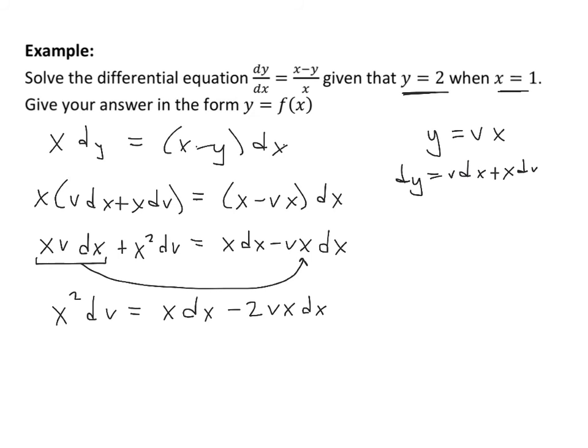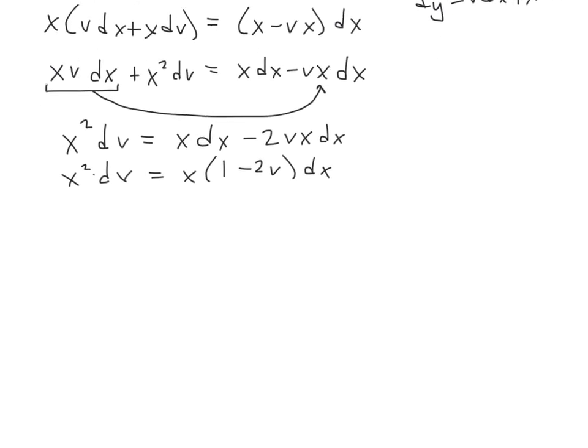Okay. We had discussed then that our next step is we really want to factor both sides so that we can divide things as necessary. So the left side is already factored, x squared and dv. On the right side, there's an x I can factor out, there's a dx that I can factor out, and when I pull those out, there's just a 1 left from here and a minus 2v from here. Okay.